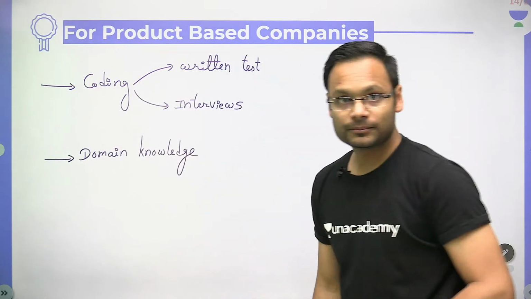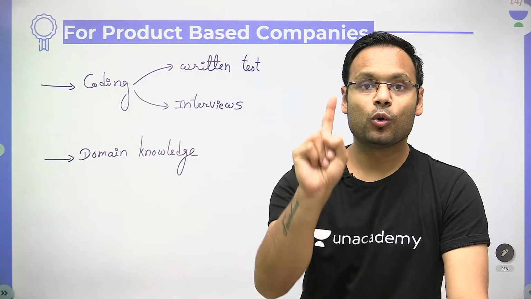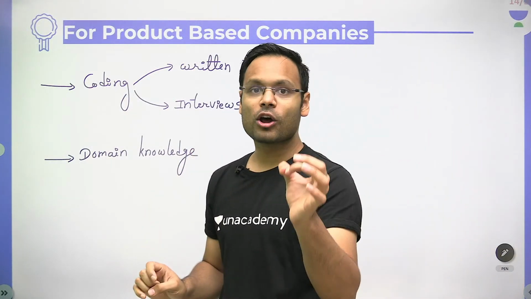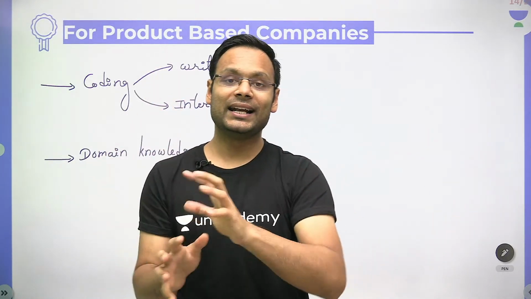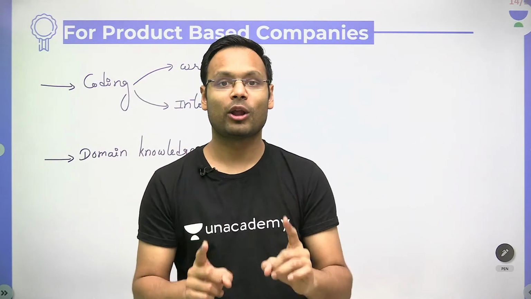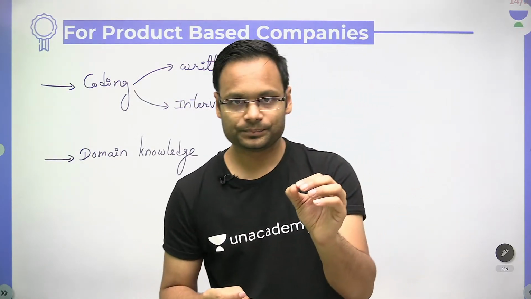If you are a fresher, you don't need domain knowledge, but you will need course knowledge. You need to be very precise in operating systems, COA, computer networks, data structures and algorithms, and other different courses' knowledge.